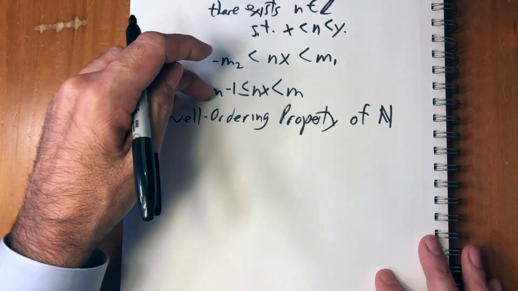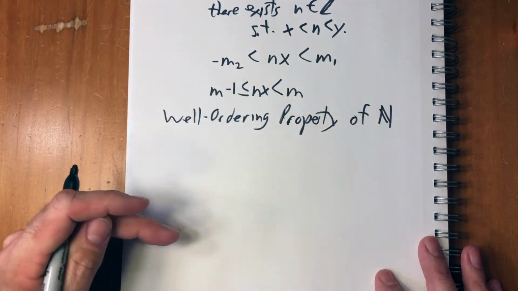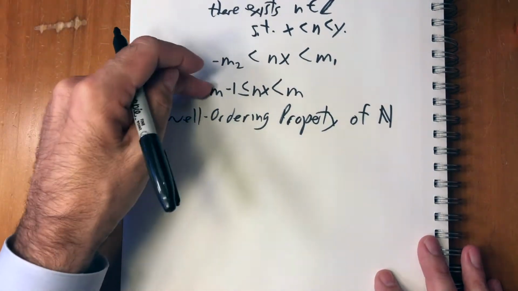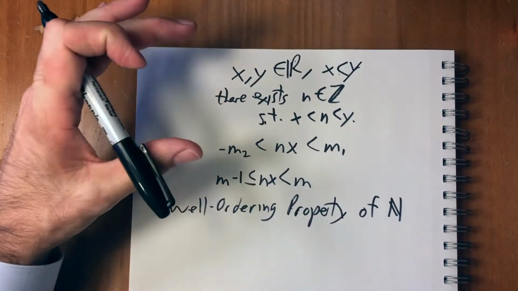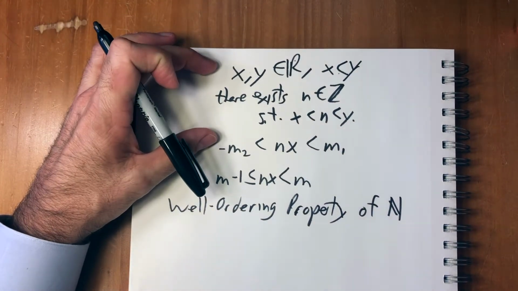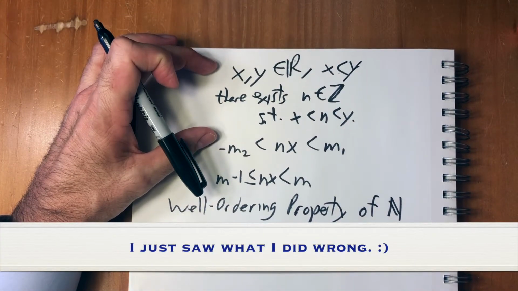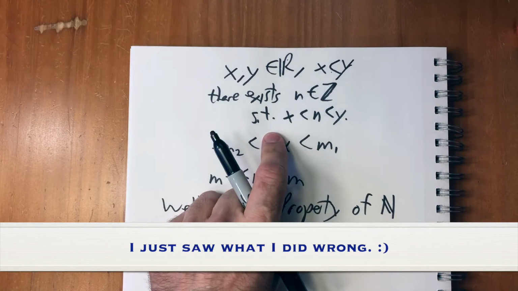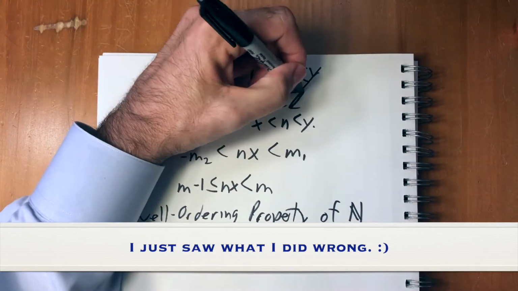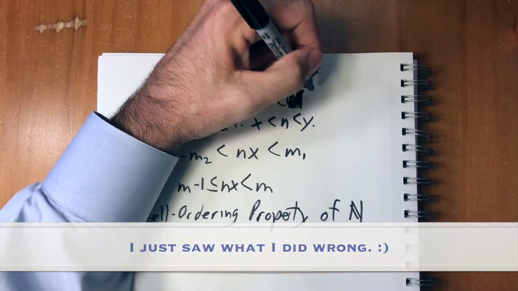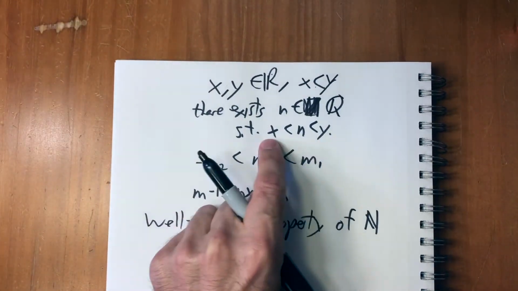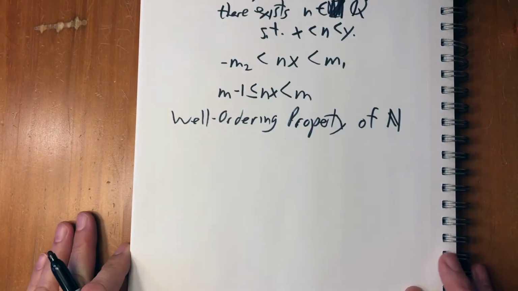We have to prove a couple more little results based on the well-ordering property, and then we'll be in a position to actually prove that rational numbers are dense in the reals. And I just realized I said an integer, but I should have said it's a rational number. There's a rational number between any two real numbers.